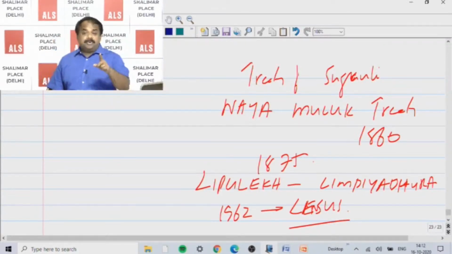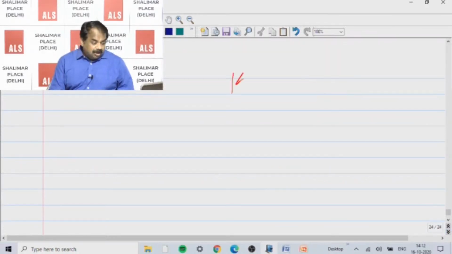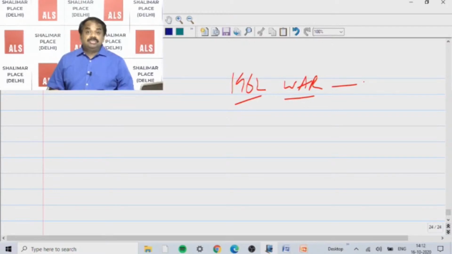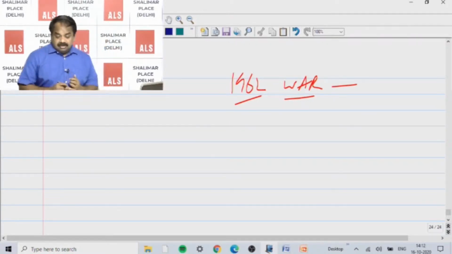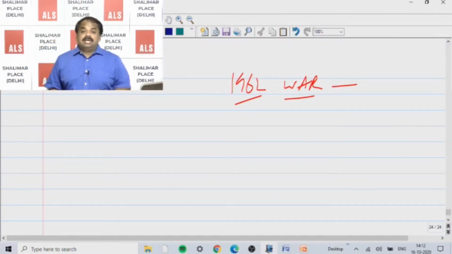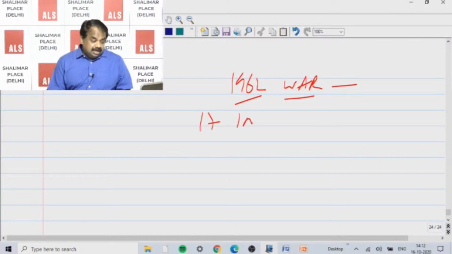And the third point Nepal is always raising is that before the 1962 India-China war, India requested Nepal to allow 17 Indian checkposts in Nepal.